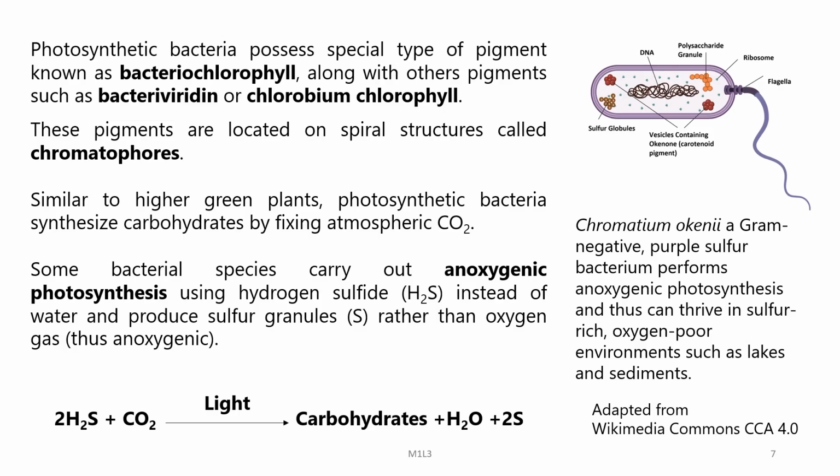Similar to higher green plants, photosynthetic bacteria synthesize carbohydrates by fixing atmospheric carbon dioxide. Some bacterial species carry out anoxygenic photosynthesis using hydrogen sulfide instead of water, and produce sulfur granules rather than oxygen gas, and this is the reason why we call them anoxygenic.